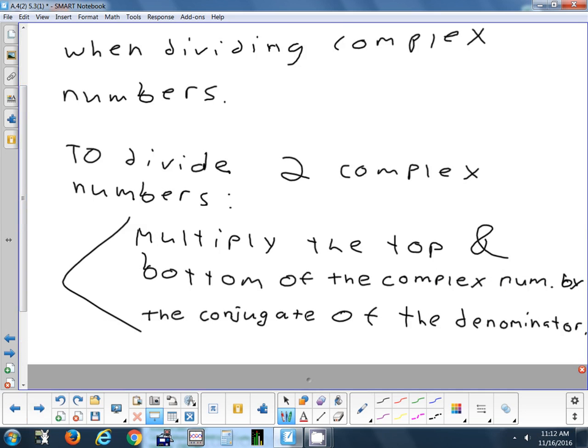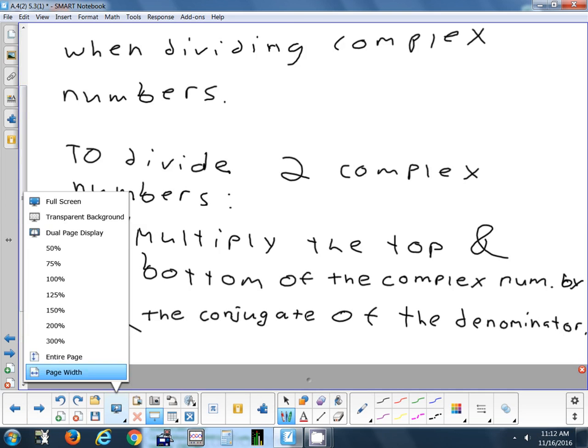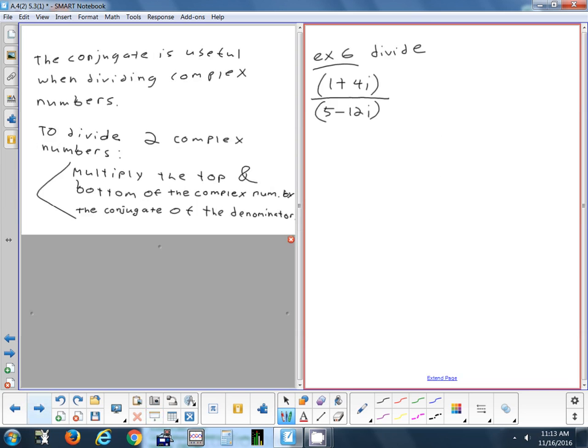That's not standard form. Standard form means you have to have a real part and then a separate imaginary part. So I'm going to show you how you break this up. Your real part is 3 over 25, minus, because we had a minus, and your imaginary part is 4 over 25. That is how the answer would be written on the test.